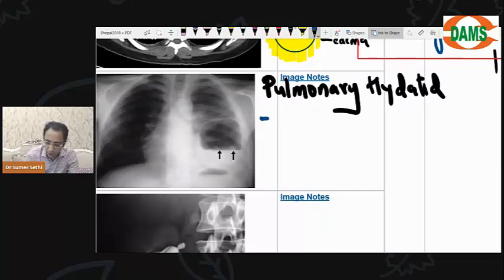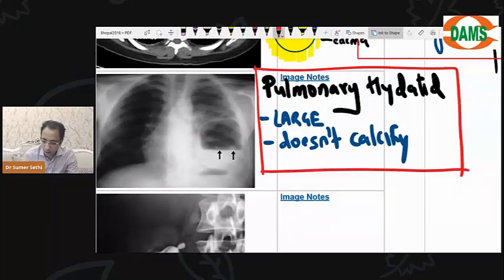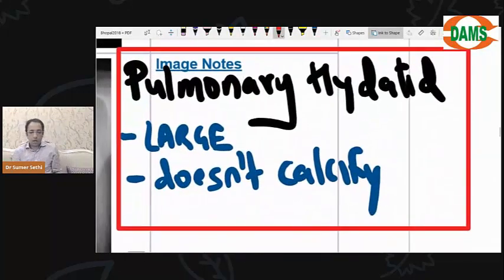So now remember, hydatid in the lungs grows to a large size and does not calcify. Okay, hydatid in the lungs grows larger and it does not calcify.